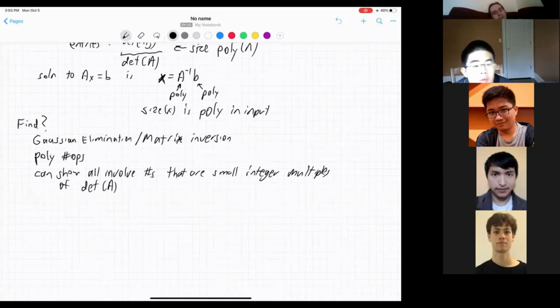So all of the numbers that you run into while performing Gaussian elimination will be of polynomial size. This does have to be proven separately, but you don't get any intermediate numbers that are crazy large. They're all polynomial size. You do a polynomial number of operations on them, and therefore you end up with a polynomial time algorithm for Gaussian elimination.